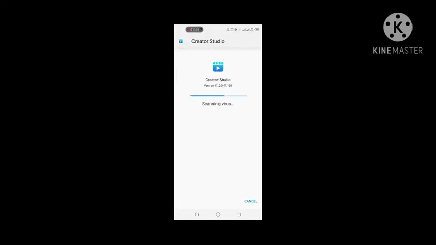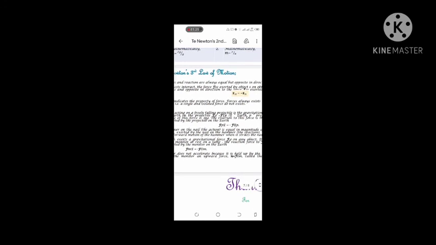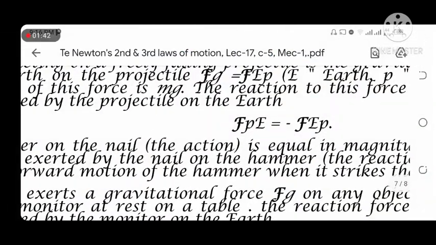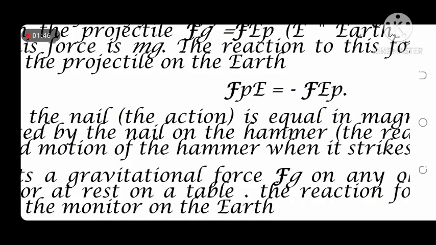So we can say the forces on the Earth and the projectile are both equal in magnitude but opposite in direction.